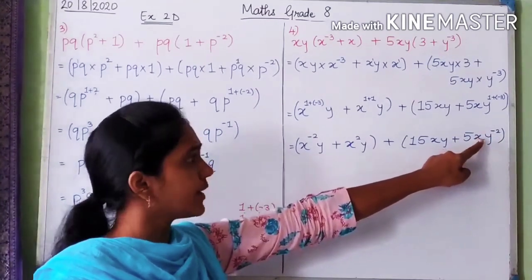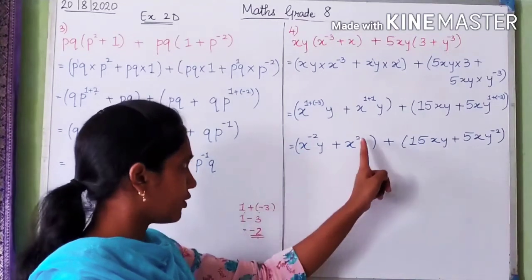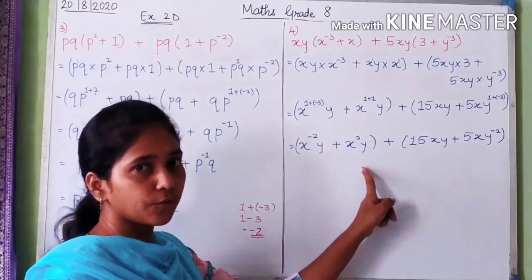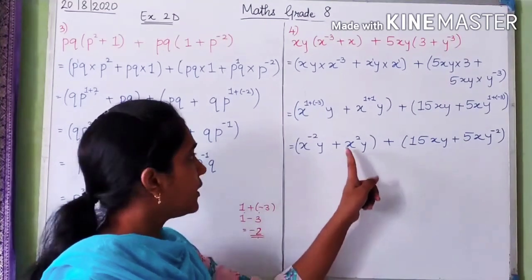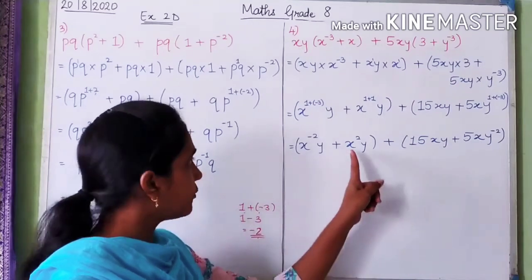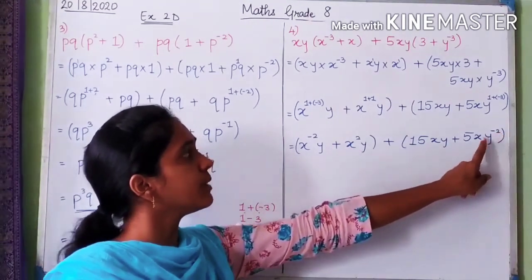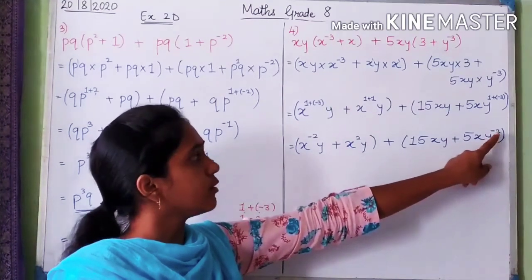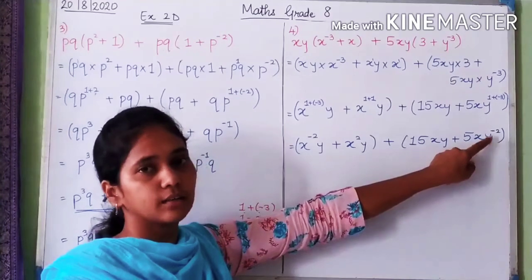The power of x is 1. Here also this minus 2 is only for x, not for y. Here also this 2 is only for x, not for y. So you need to be careful when you write the powers. If you put a bracket for it, that means the power is for both. If you put a bracket here or here, that means this minus 2 will be the power of both. But you should not put a bracket if it is for only one variable.